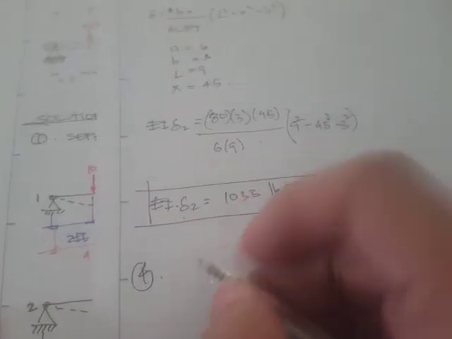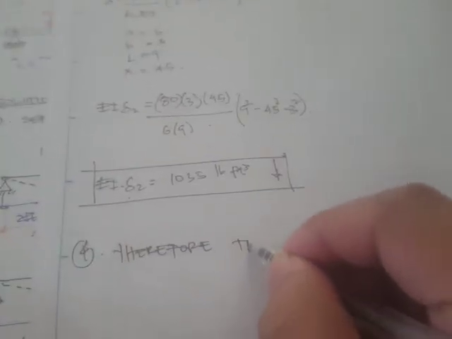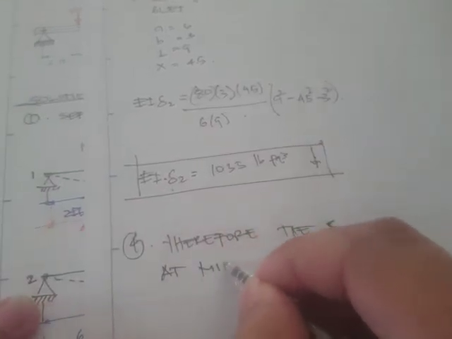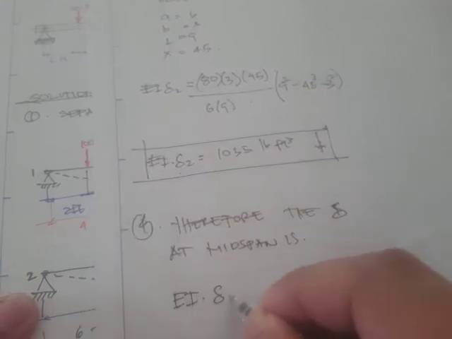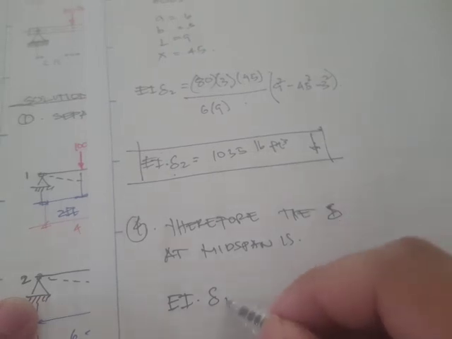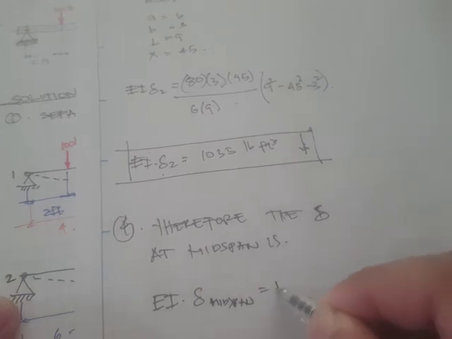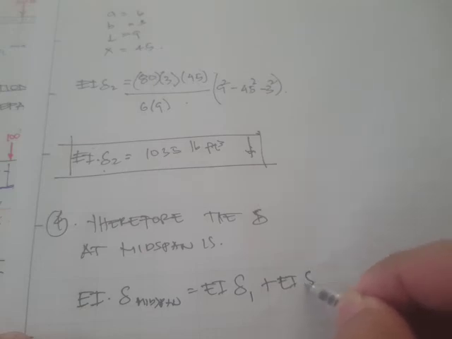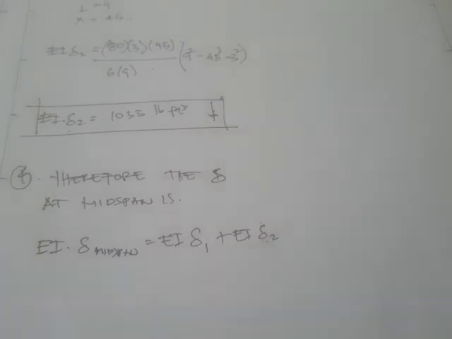Okay, so therefore the total deflection at midspan is, let's write here, EI times the deflection at midspan is equal to EI times the deflection of beam 1 plus EI times the deflection of beam 2.